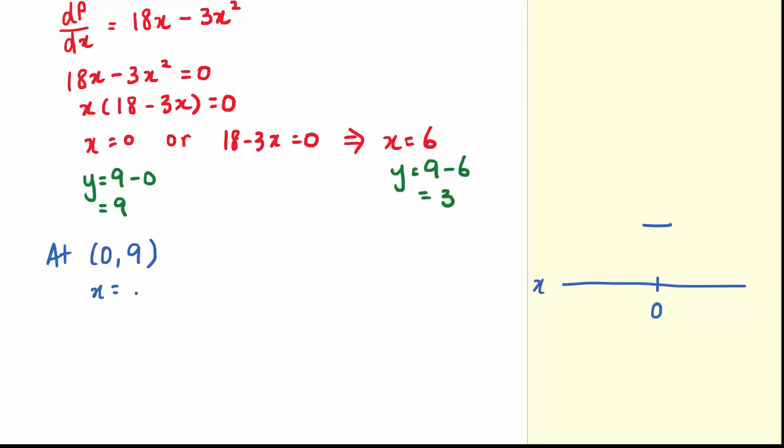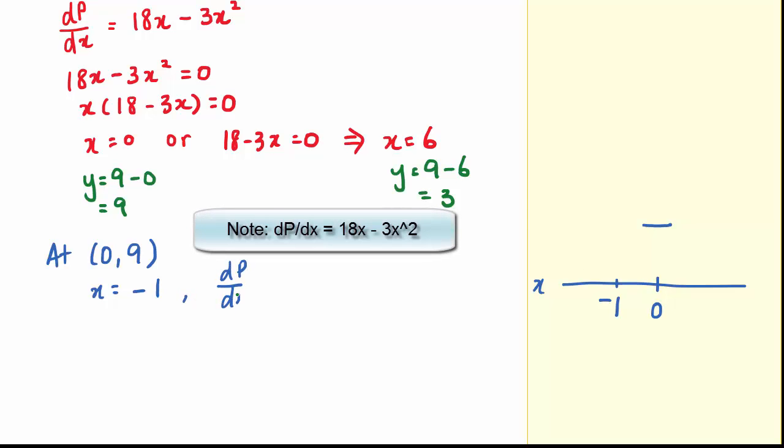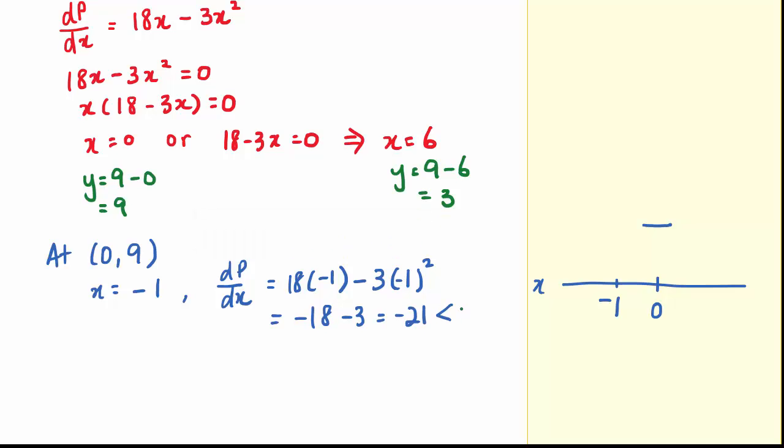When x equals negative 1, let's look at the behavior of the slope. We realize that dp/dx equals 18 multiplied by negative 1 minus 3 times negative 1 squared, equals negative 21, and this is smaller than 0.